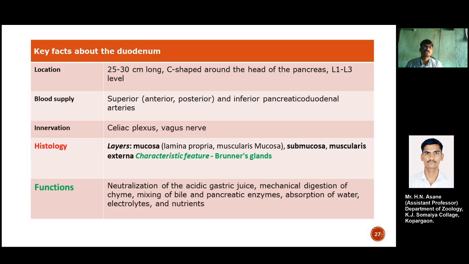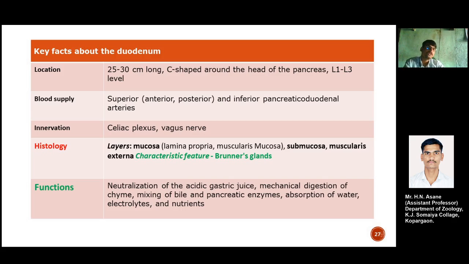Okay, so the blood supply is maintained by means of the anterior and posterior pancreaticoduodenal arteries. Okay, and the venous structures are maintained as well. This blood supply, as well as the transport of the nutritive material, is carried out by means of the blood.